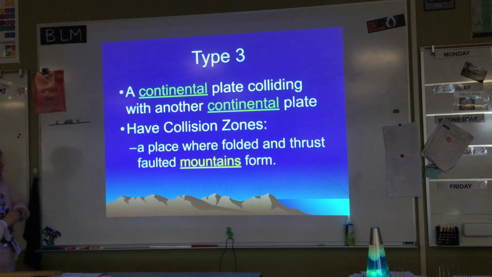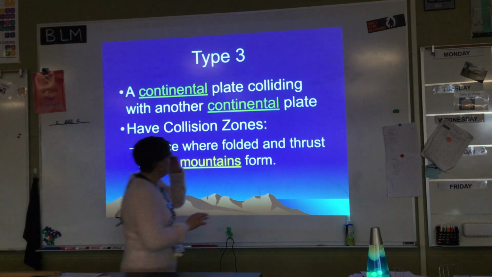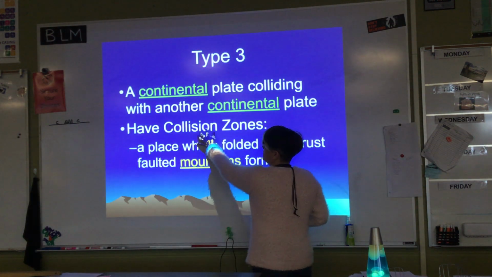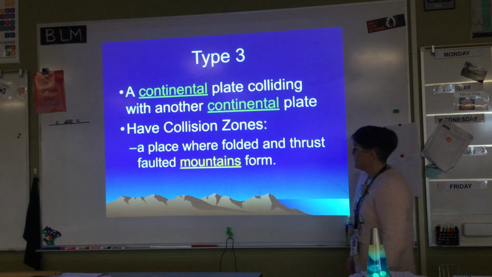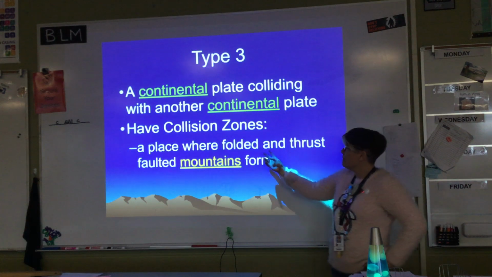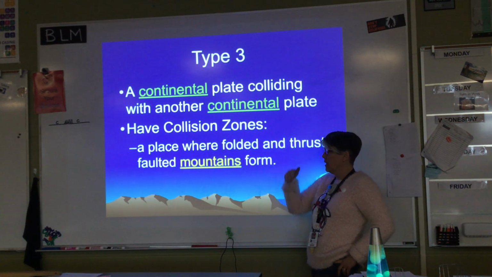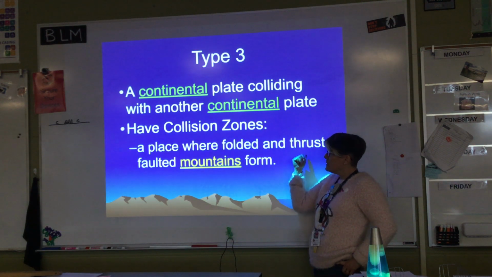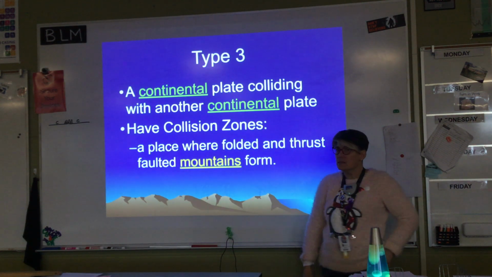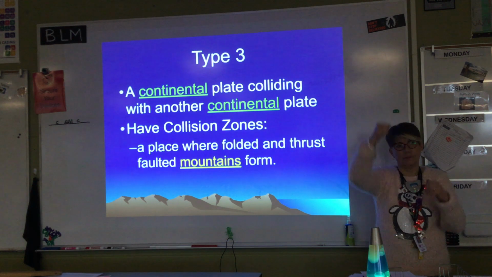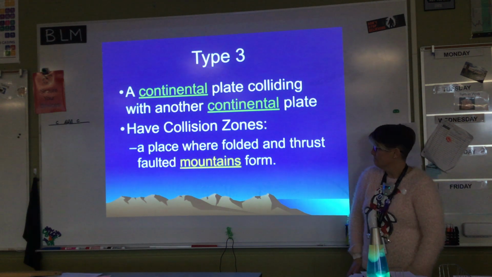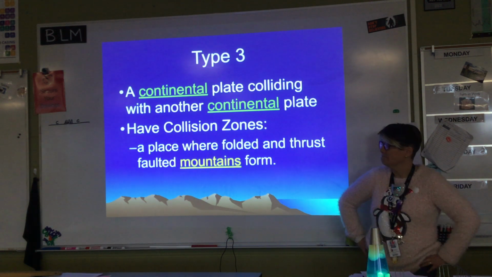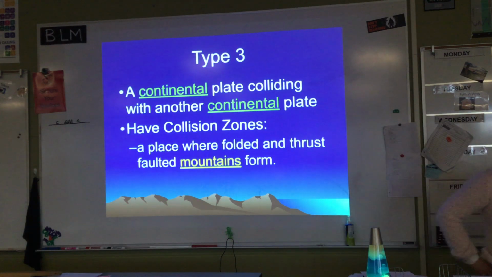So again, it's an area of collision or a collision zone. The reason they call them folded mountains is because the underlying geology is all folded up. And you also get thrust faulted mountains. Thrust just means that it's being uplifted, being pushed up. So I'll show you some pictures of that. Good?